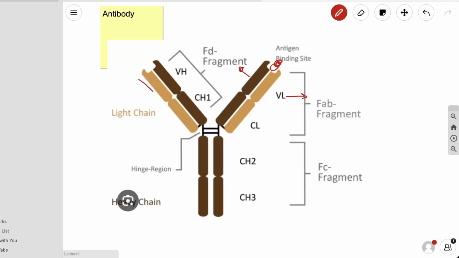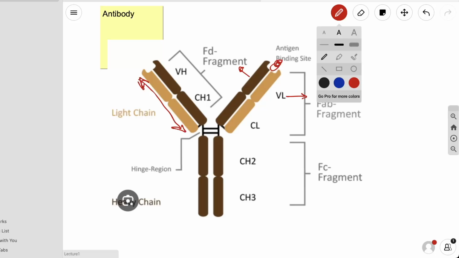Now we still have this opposite side. We have the variable light chain and the variable heavy chain. Okay, now let's look at this diagram. It has the hinge region. Let me use a black marker.